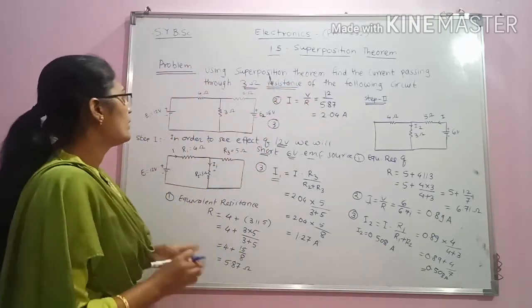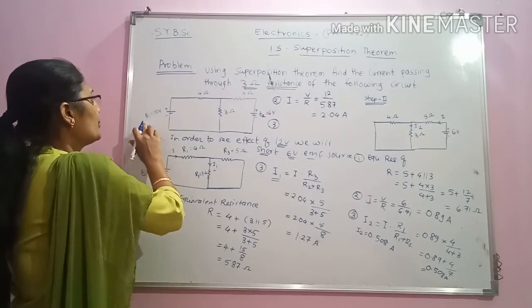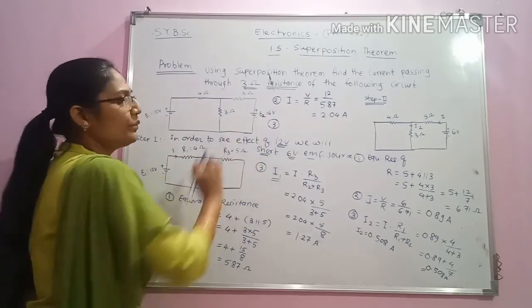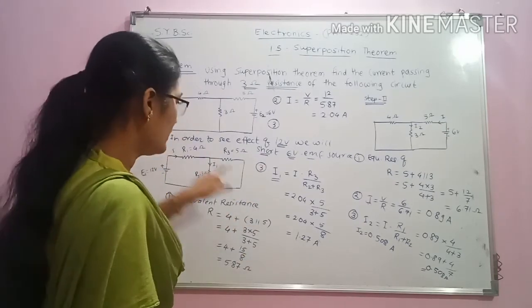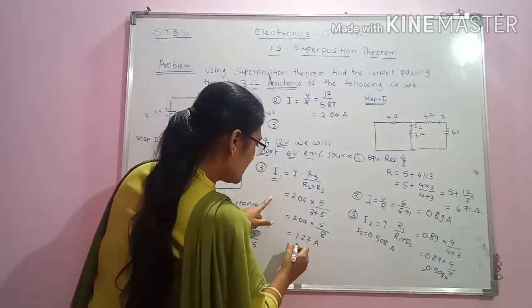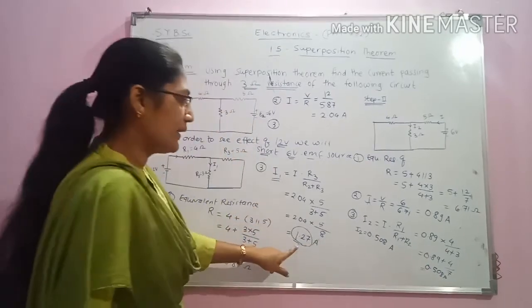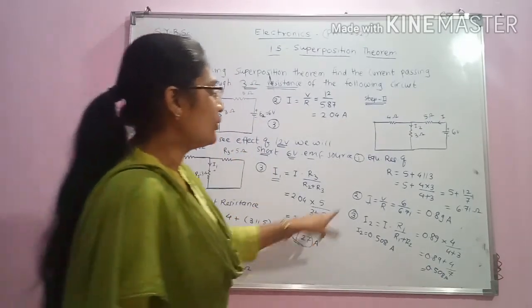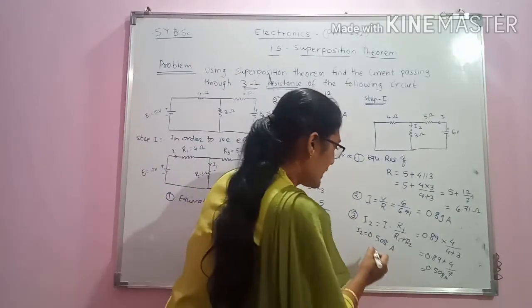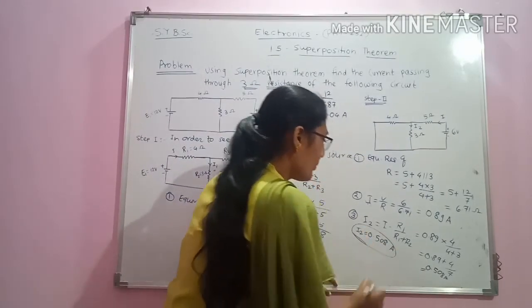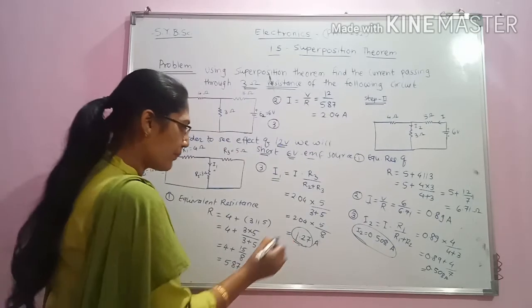So we have to add the current due to E1 and the current due to E2. The current due to E1 comes out as I1 equal to 1.27, and the current due to the 6 volt battery comes out as 0.508 ampere.